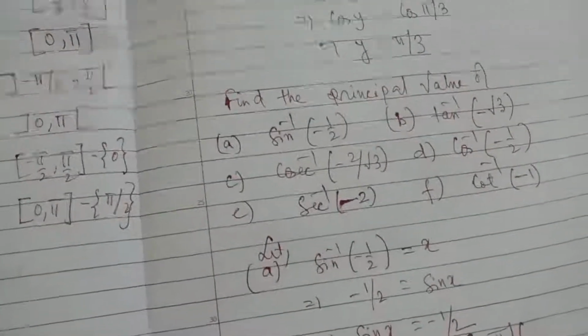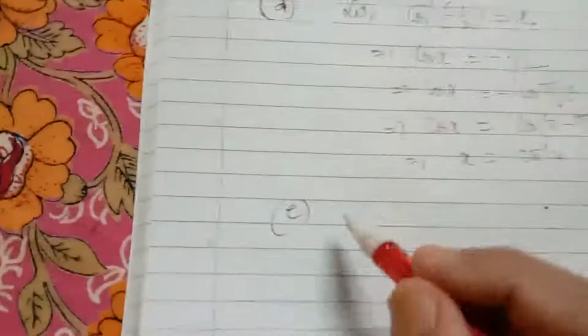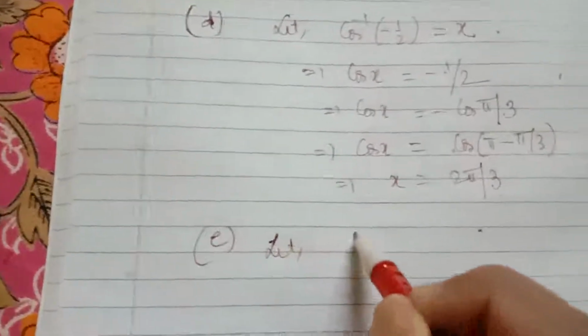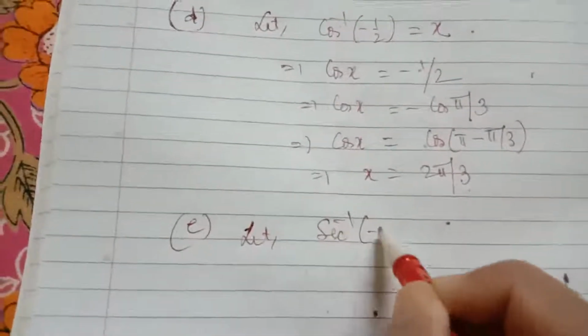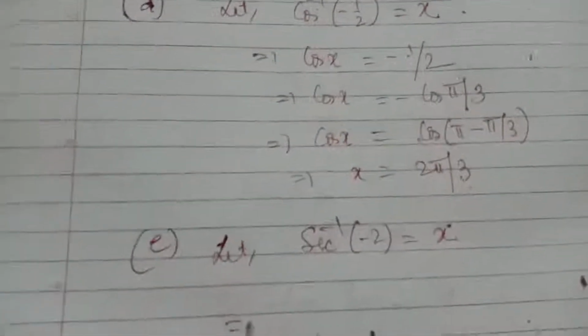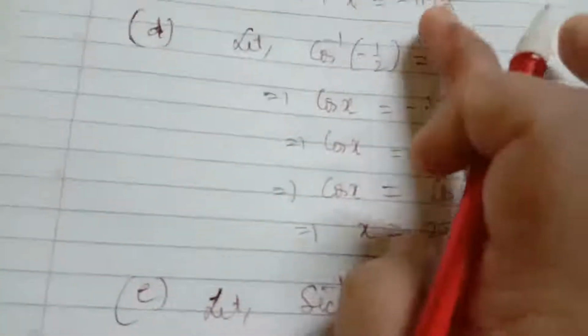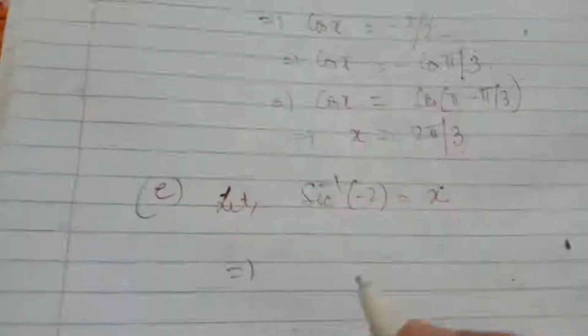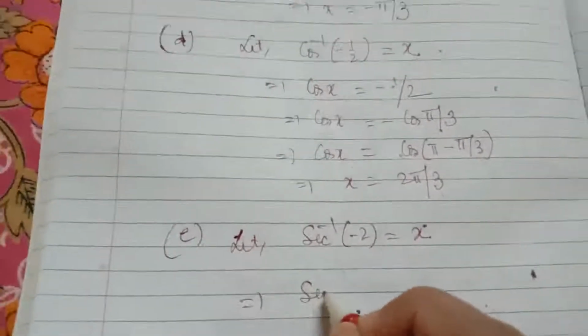Sec inverse of minus 2. Let sec inverse of minus 2 equal to x. So we will proceed exactly in the same way as the last sum.